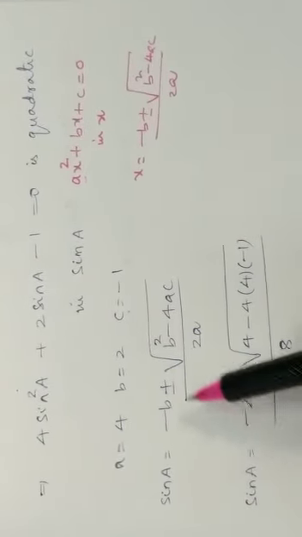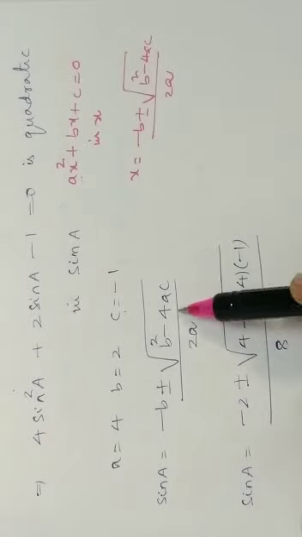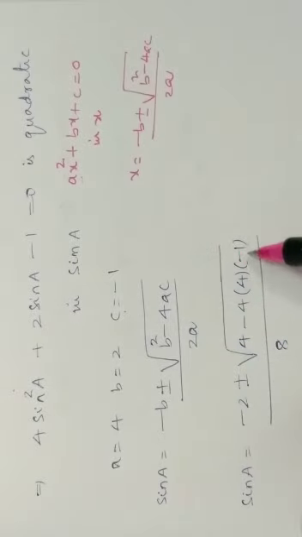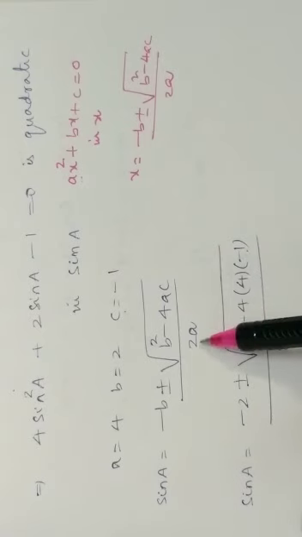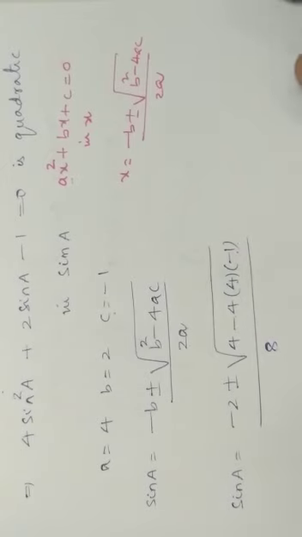Sin A equal to b is 2, so minus 2 plus or minus root over b square, 4, minus 4ac. Substitute the values. 2 into a, a value is 4, 2 fours are 8. Minus into minus plus 4 into 4, 16 into 1, 16. 4 plus 16. I shall write that in the next step.